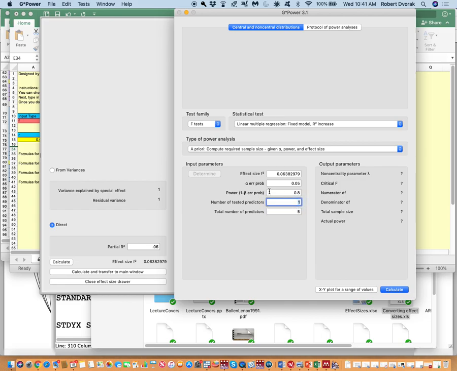What G-Power is doing here is saying, okay, this one predictor has an effect size of this. If you put 2 predictors in here, it's going to have an effect size of this. Whatever you put in this box for the number of tested predictors is what G-Power is going to assume is the R squared for those combined predictors.